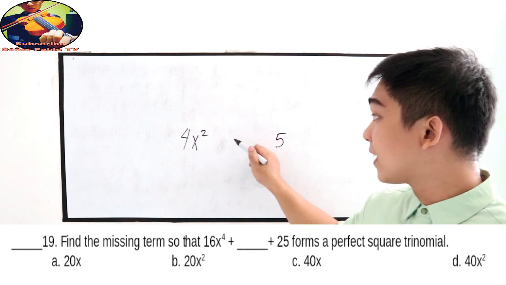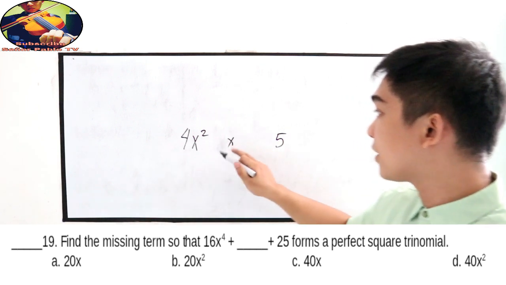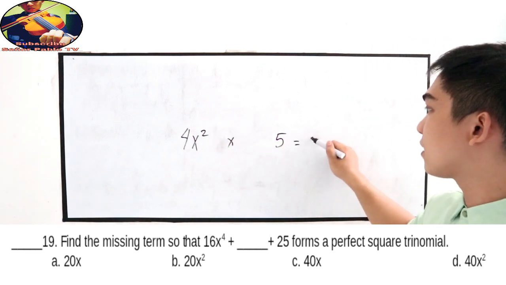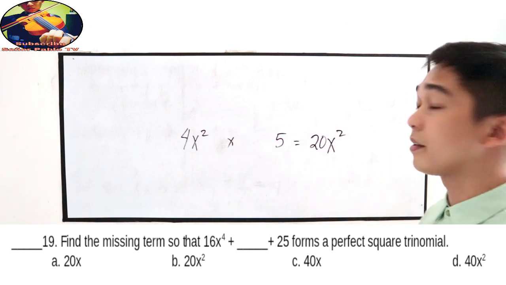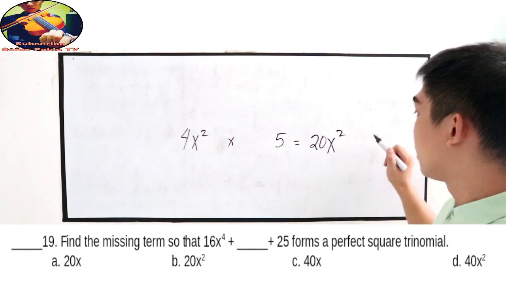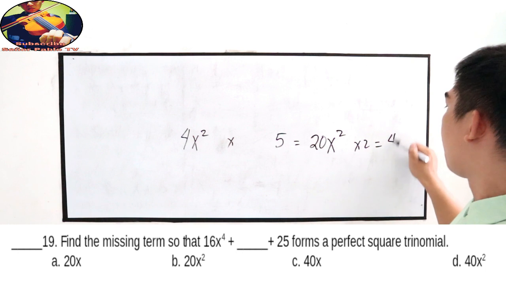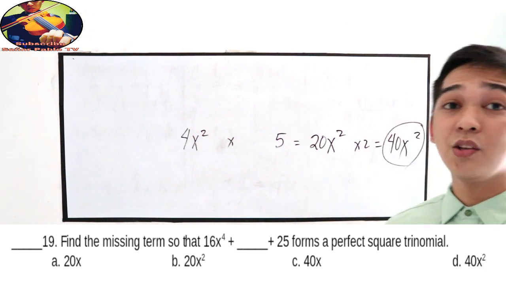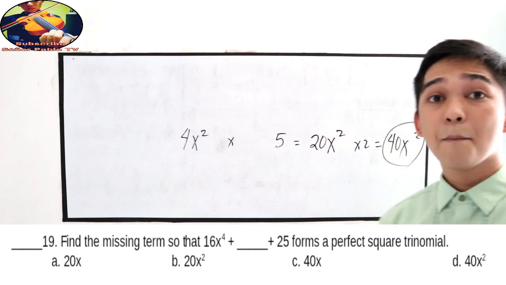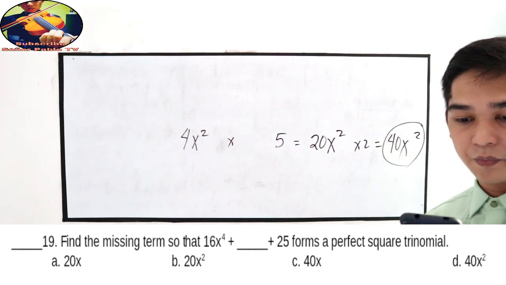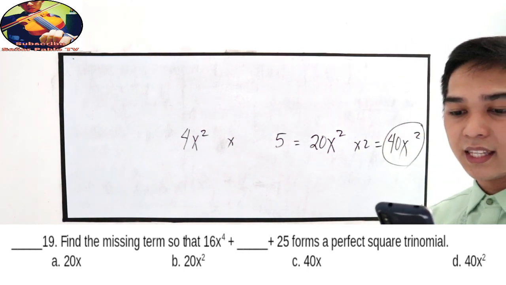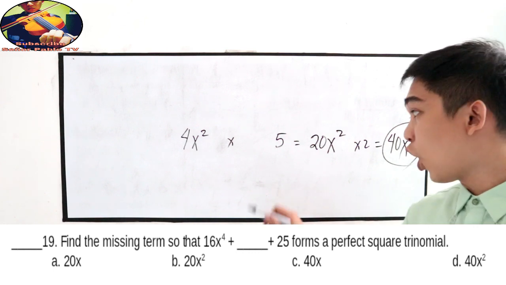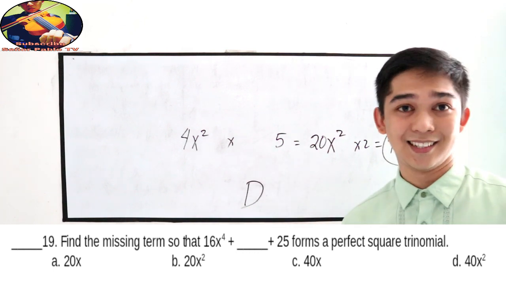Then multiply natin. 4x squared times 5, that is 20x squared. Then times 2, 40x squared. Ayan ngayon yung kailangan natin para maging perfect square trinomial. Number 19 is dog. Letter D.